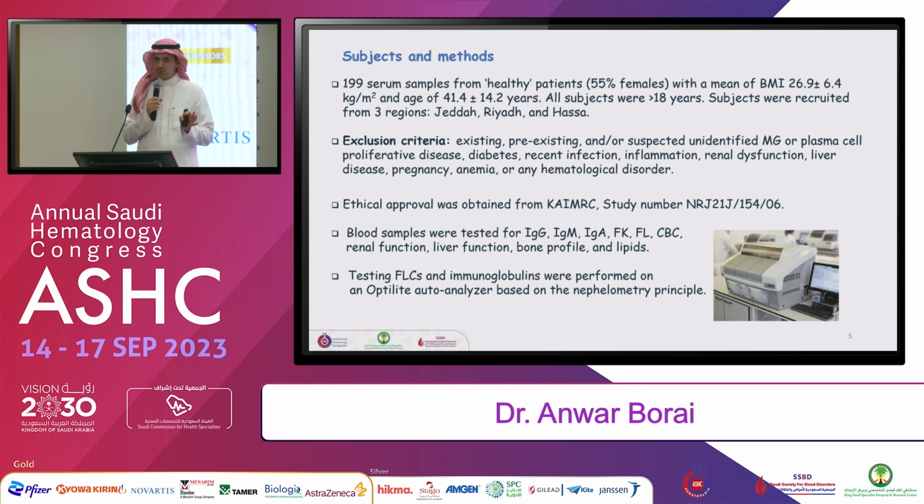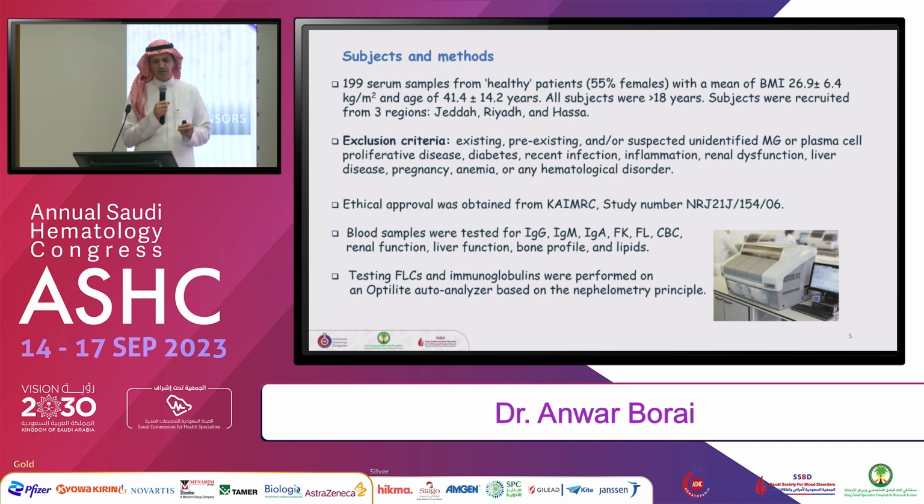It's important to establish reference intervals for your own population because these intervals differ from one population to another. Therefore, for free light chains, we recruited about 200 healthy individuals. 55% of them were female, and all subjects were adults, 18 years or older.